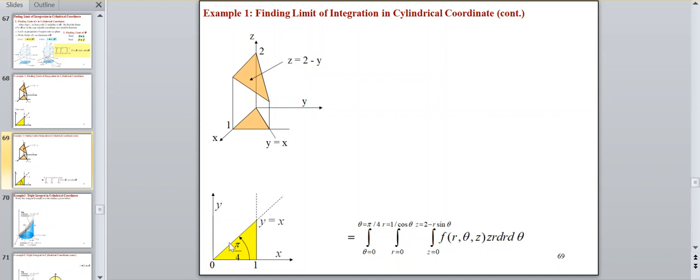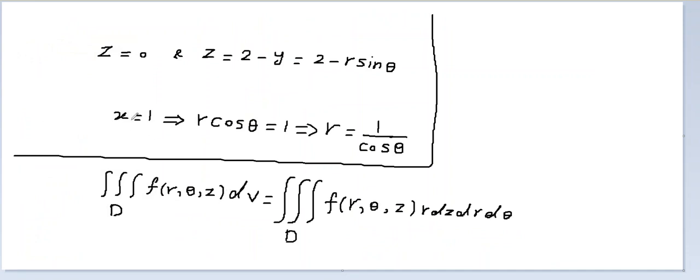What about r? Do you agree with me that to cover this triangular region, r must be from 0 to this line? So r is from 0 to this line. What is this line? This vertical line is x equals 1.